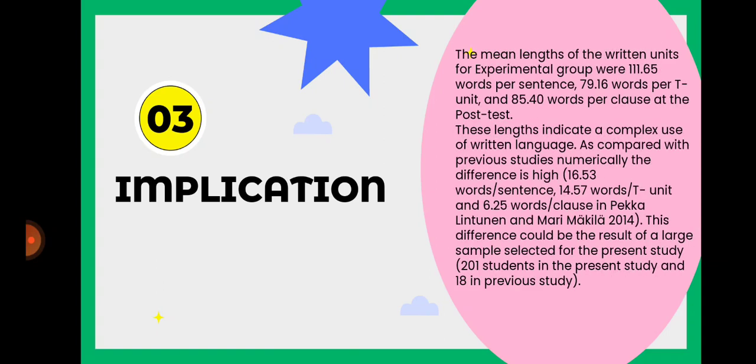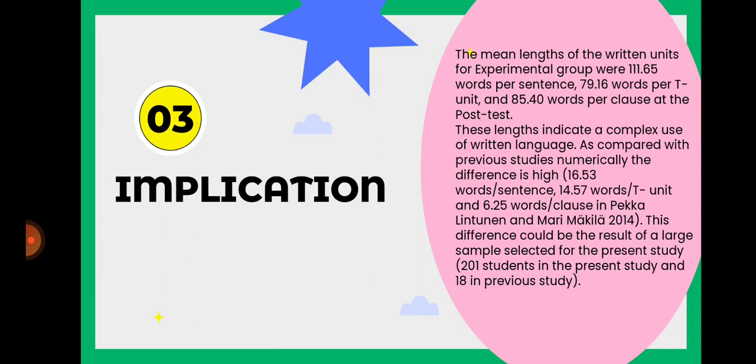So here you can see, as I'm talking about the previous sample, that it is a continuation of the previous sample. I have shown the difference. The difference is the mean length of the written units for the experimental group, where a particular figure per sentence, and so on. I have shown the difference, whereas in the earlier studies this was a difference. Now I am justifying that the difference could be because of this reason.